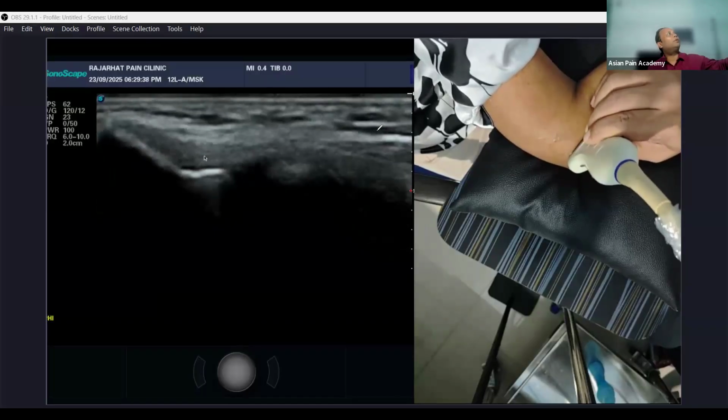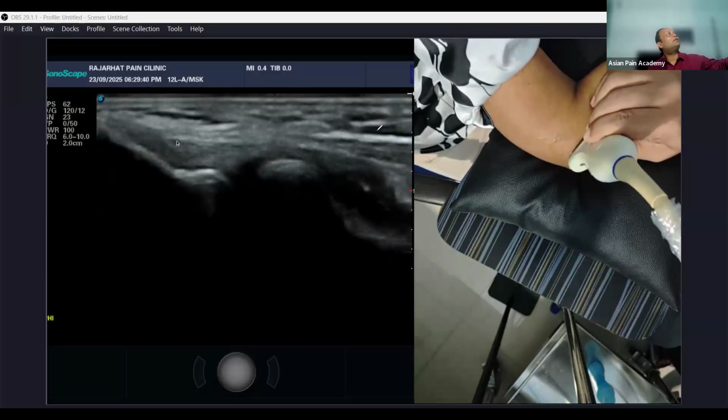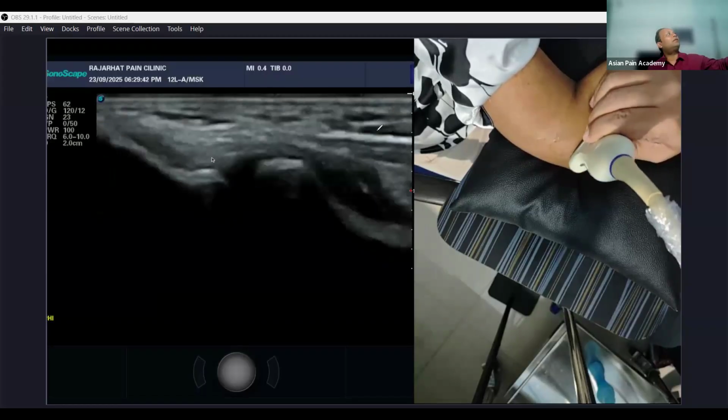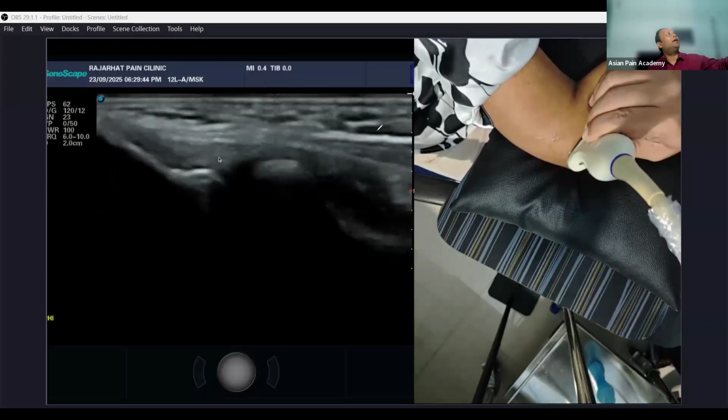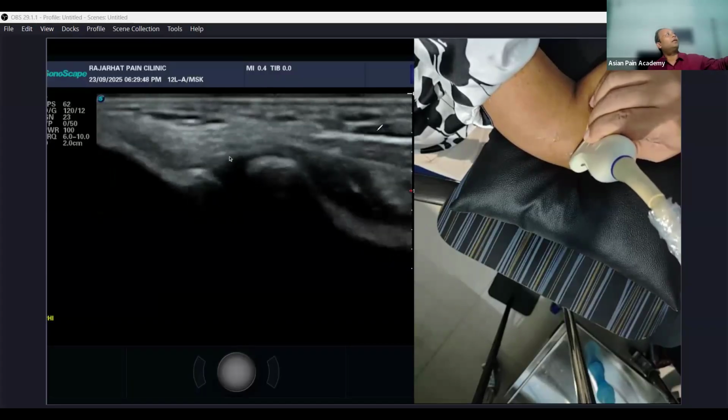This part is nothing but the ligament. So this is the radial collateral ligament area. And this is not the same as the upper part. The upper part is the common extensor tendon.